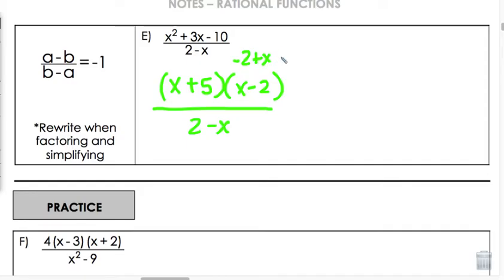You could say this is negative 2 plus x, and that's not the same thing. So what you kind of need to do is factor out a negative 1. All right? So if I factor out a negative 1, then I know that this would be positive and this would be negative, and now it's the same.